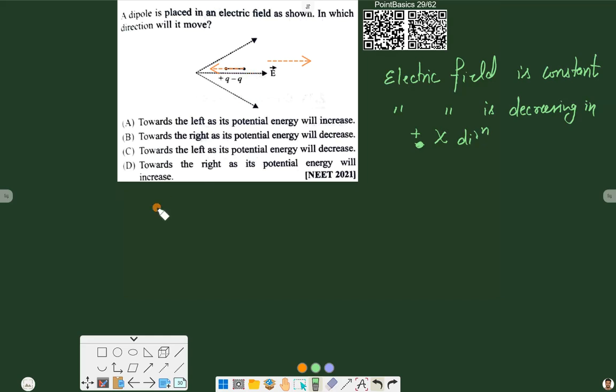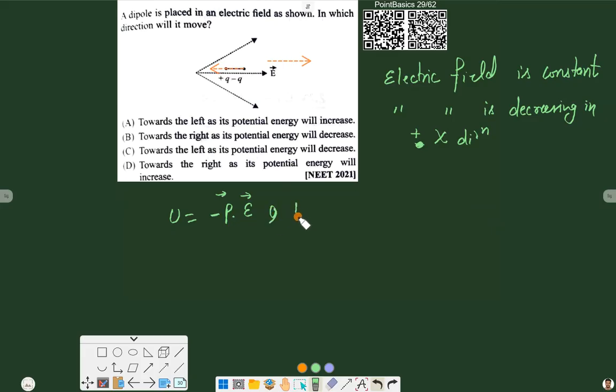So now let's come to the potential energy of the dipole. Potential energy is given by minus p dot E in vector form, and here we can see that the angle between the direction of the dipole and the direction of the field is 180 degrees.